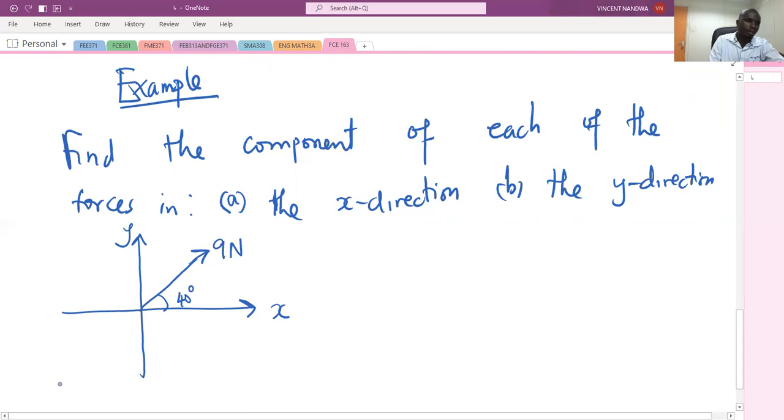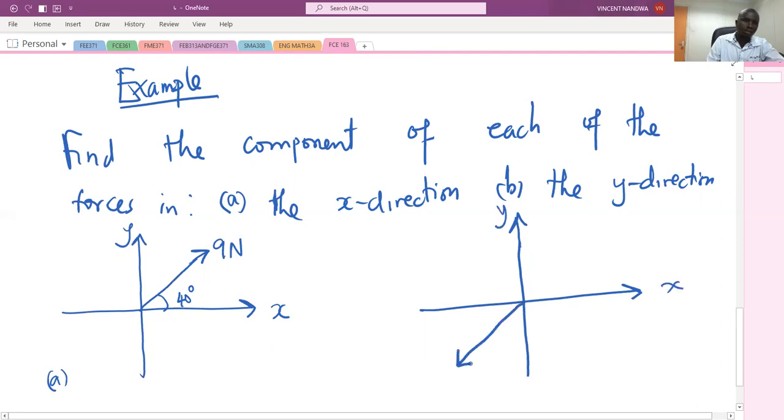So this is part A, and then part B. This is the y, this is the x, and then you have a force of 100 newtons. This angle is 18 degrees. So those are the two problems for us to solve.